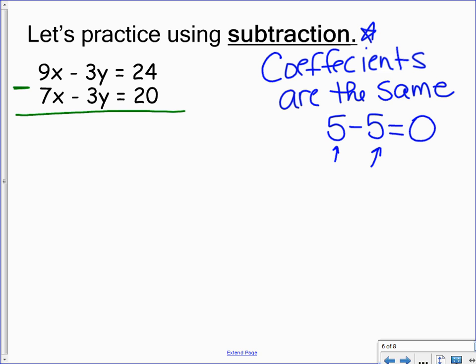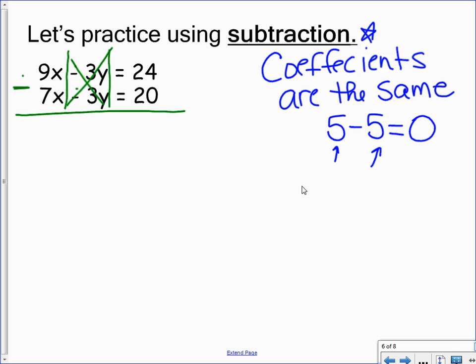Okay? And when you subtract terms that are the same, are 9x and 7x the same? No. Then we go to our next set. Is negative 3y and negative 3y, are those the same? Yes. What happens when we take negative 3y minus negative 3y? Cancels each other out.